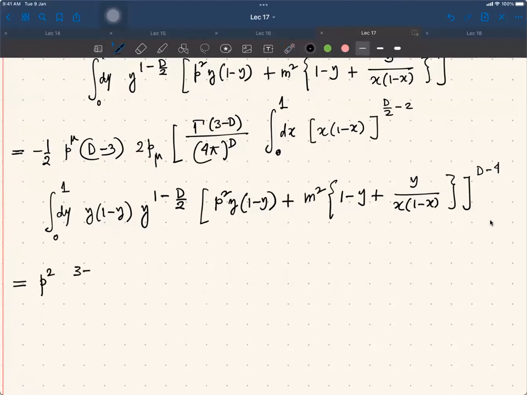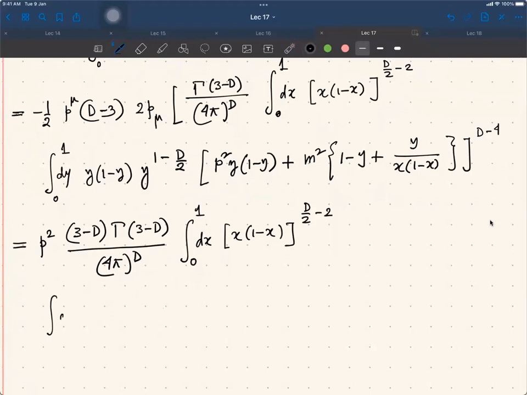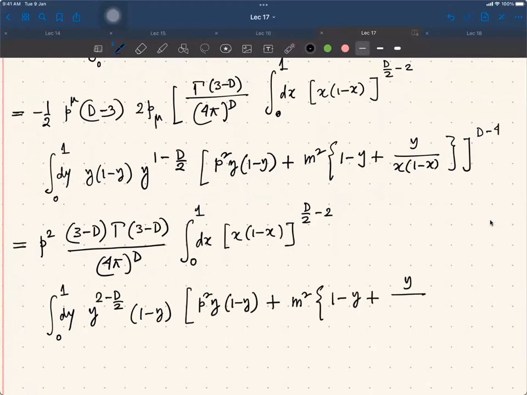So p square times 3 minus d times gamma 3 minus d divided by 4 pi to the power d, integral dx from 0 to 1, with d by 2 minus 2, integral dy from 0 to 1. So that is the final result.